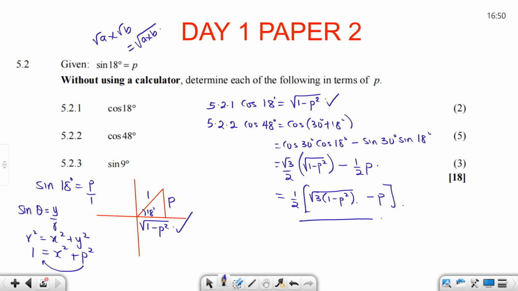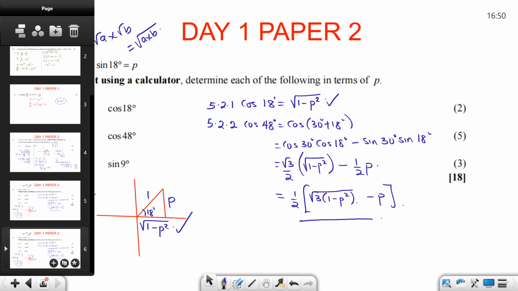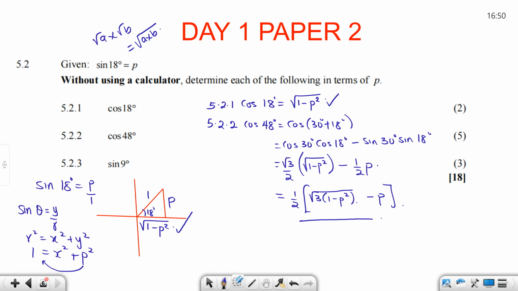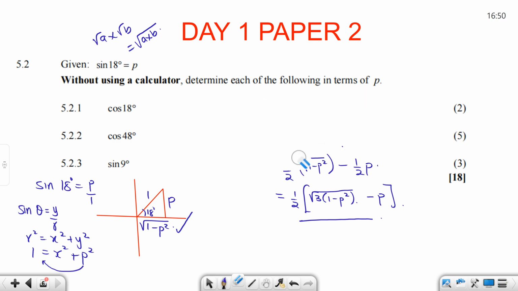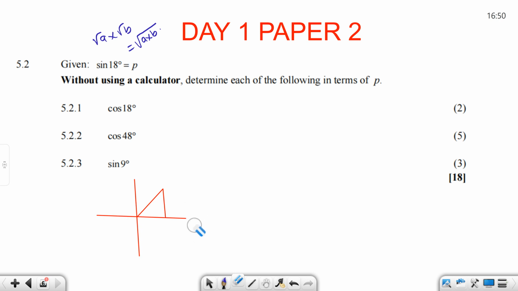Were you able to do sine 9? Every time you see a half angle, your answer is in cos 2 theta. So I'm looking for sine 9. What is the relationship between 9 and 18? It's half. Good. I already know where my answer is.